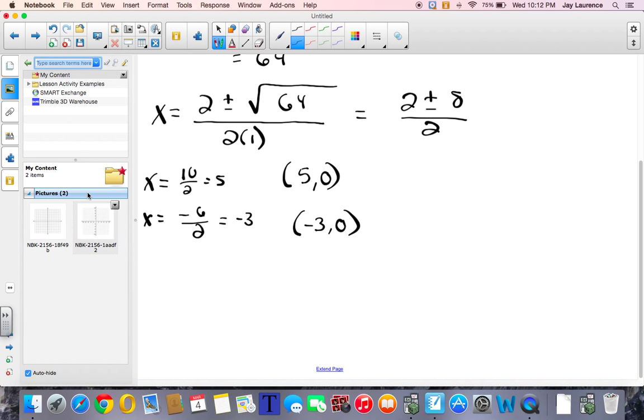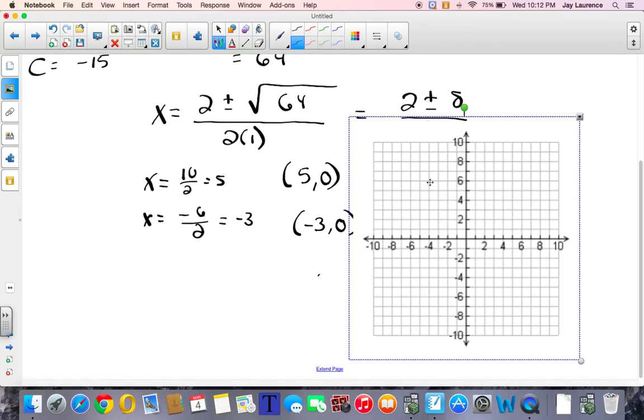Get some graph paper out here. Okay, so these two zeros are occurring at 5, 0, which is right there, and negative 3, 0, which is right there. Now I go finding the x-coordinate of the vertex. Well, I do that by taking negative b over 2a, which is going to be 2.